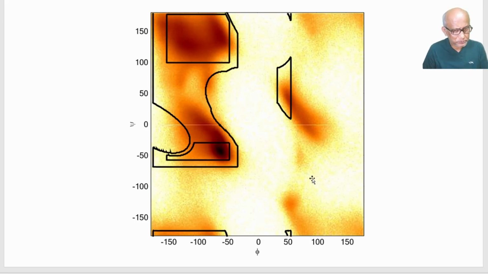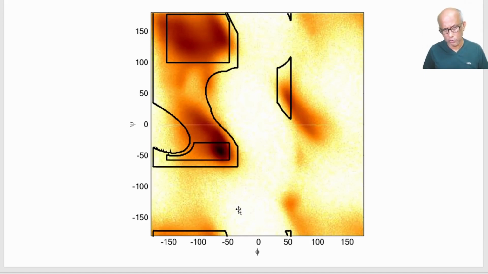So when we look at this composite map, that is the steric map superimposed on the database distribution of phi-psi conformations of amino acids, what we see firstly is that by and large there is a good agreement. You see that all the dark regions are within the allowed regions, and so mostly everything is within the allowed region, but there is a significant number of amino acids, not very small, outside.